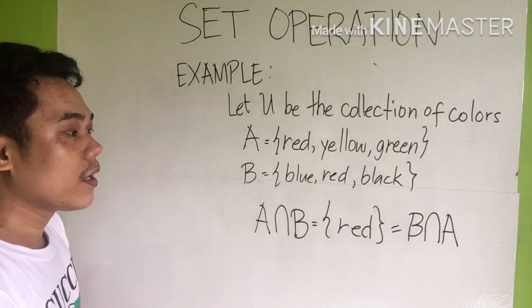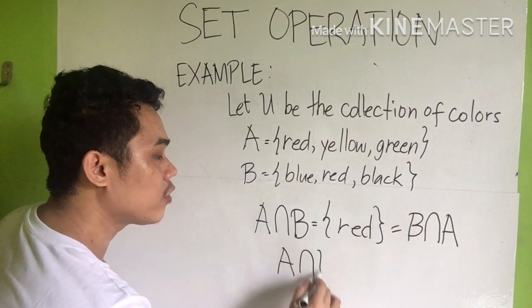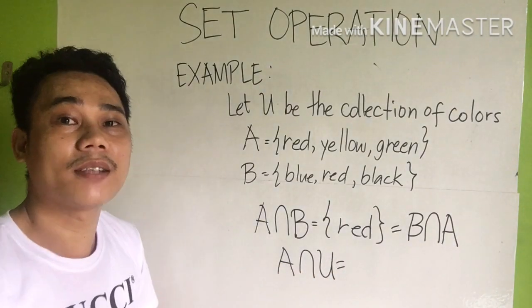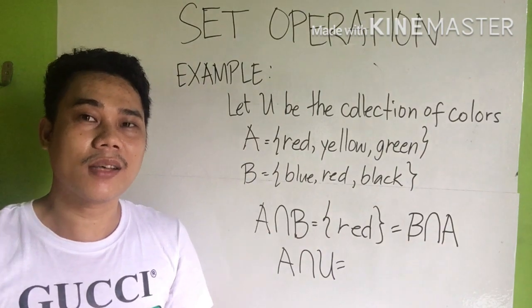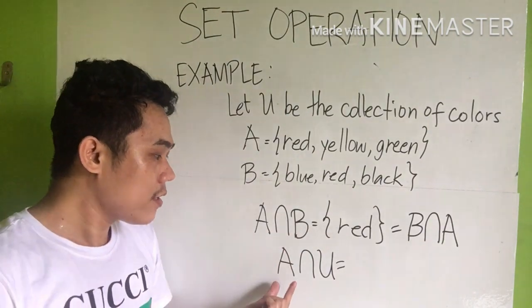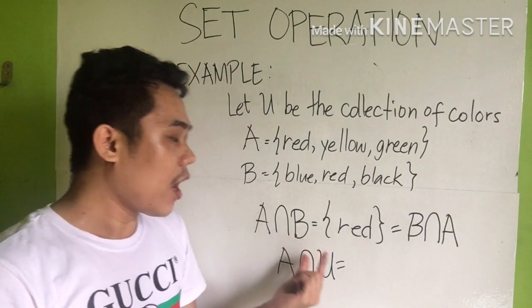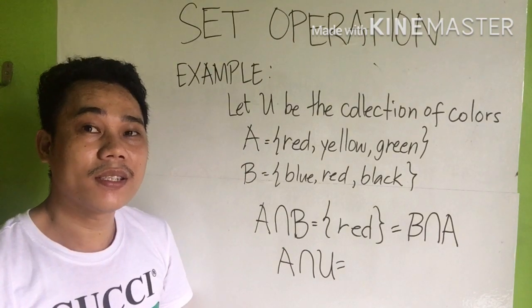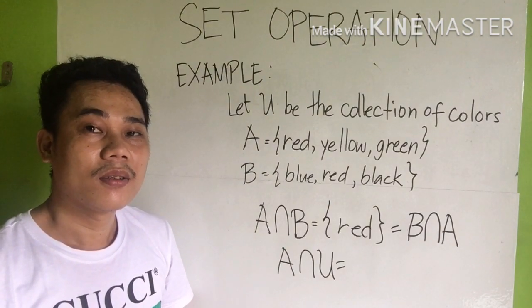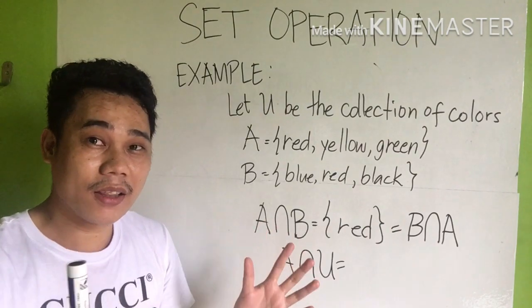How about this set? A intersection with the universal set. Ano kaya ang sagot dito? So ulitin natin ha. Ano ang common sa A at saka common din doon sa universal set? What do you think kaya? So, yung universal, collection ng lahat ng colors.